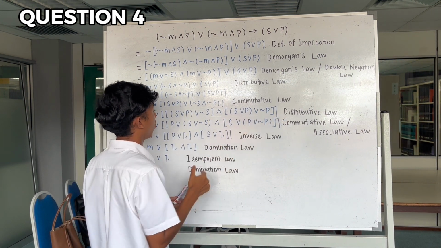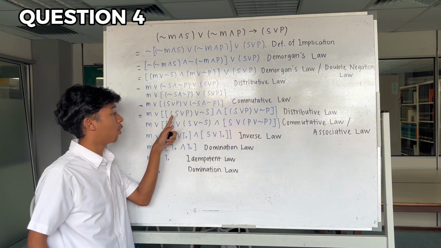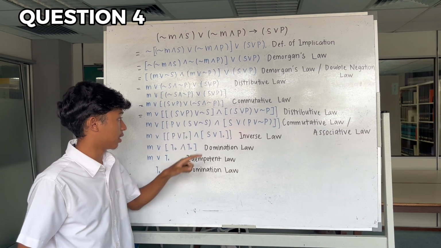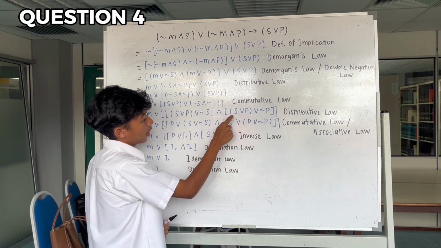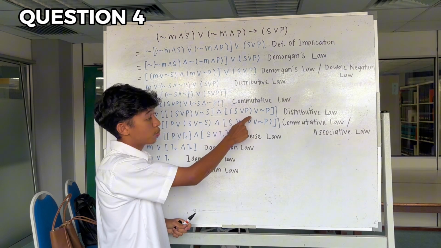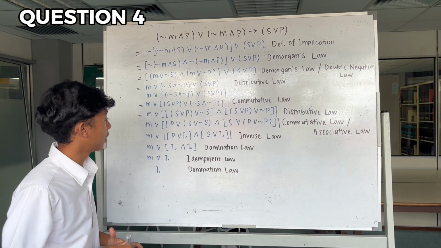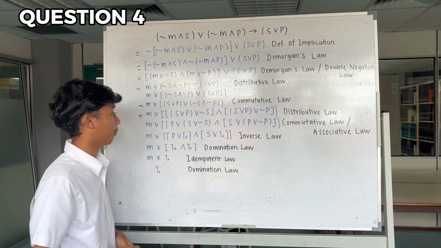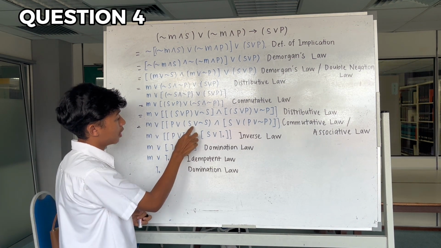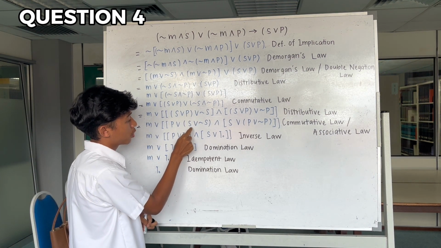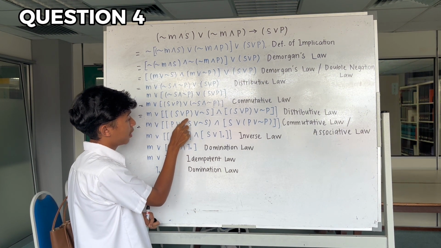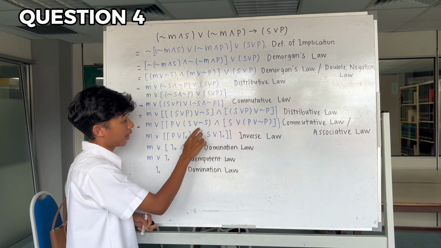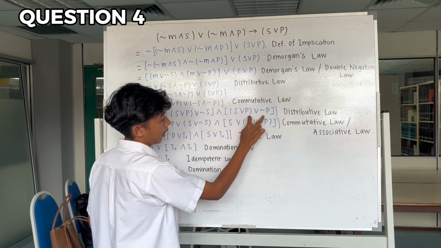So we use the distributive law and we get M or open bracket S or P or S and open bracket S or P close bracket or negate P. So after that, we use the commutative law and associative law. From this, we use the commutative law that we change the P and S, and also we use the associative law where we change the bracket, and then this one we change the bracket.